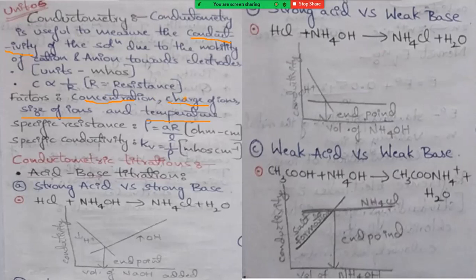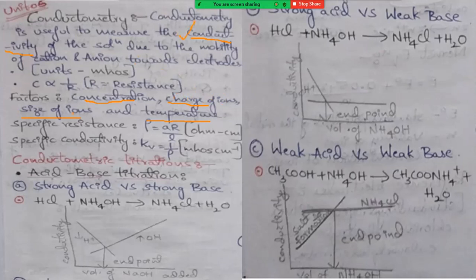Because when the ion has negativity, due to electronegativity more electrons will be attracted towards that atom, so the radius of that atom will increase, and the size of the atom also will increase. When the size increases, the mobility decreases. So the charge of ions influences the conductivity values.